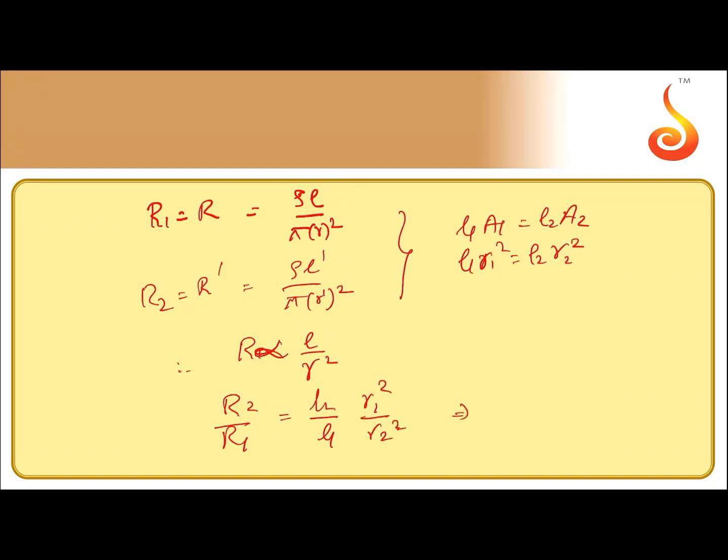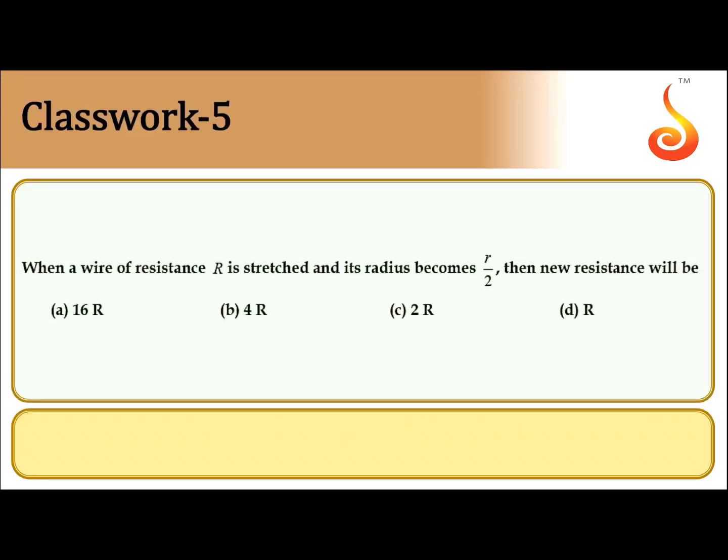So you can simplify this and get resistance R2, or R dash, is equal to initial resistance R1 into 2 to the power of 4, that becomes 16. So the final resistance becomes 16R.